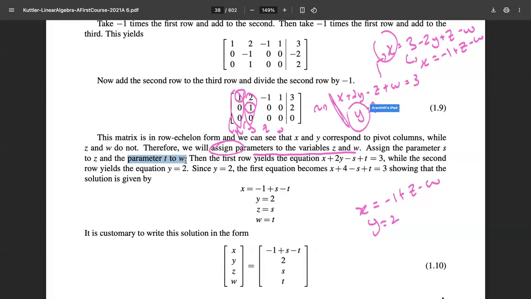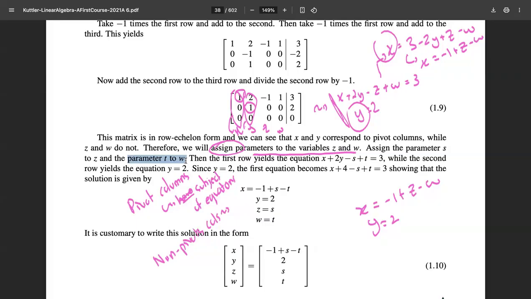Pivot columns become the subjects of my equations, but non-pivot columns become my free parameters. So I have to introduce variables for them.